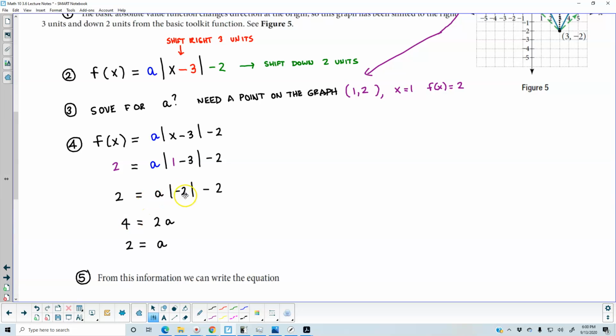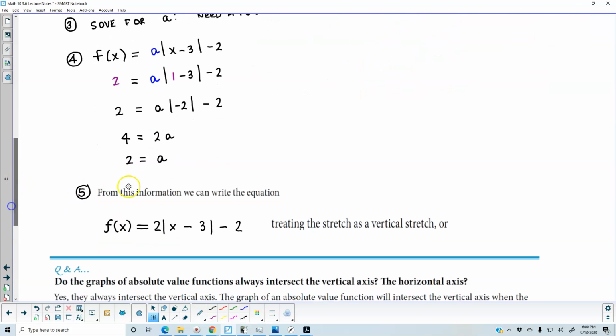And the absolute value of -2 is 2, times a. Now if we divide both sides by 2, a is going to equal 2. So from this information, we can write a to be 2. So now we have the function f of x equal to 2 times the absolute value of x minus 3, minus 2, treating the stretch as a vertical stretch.